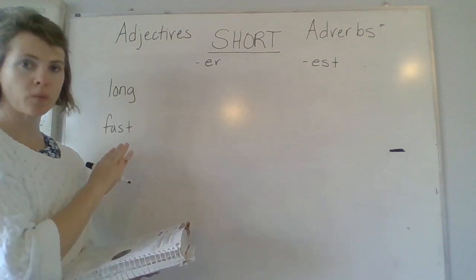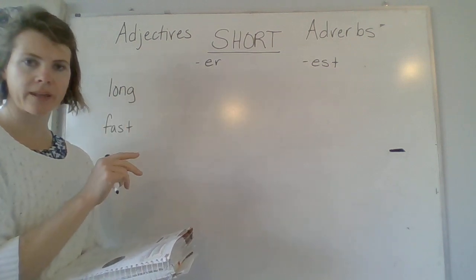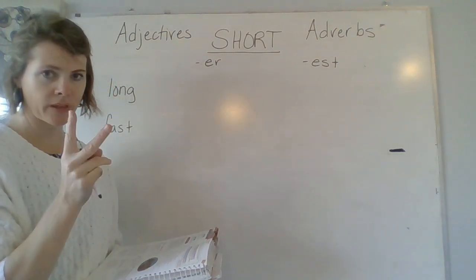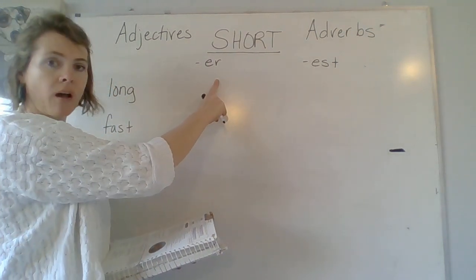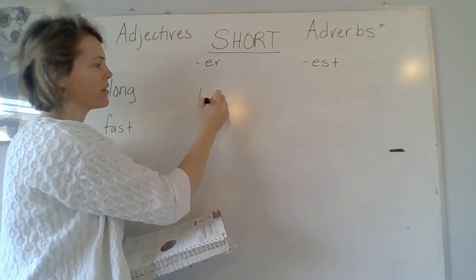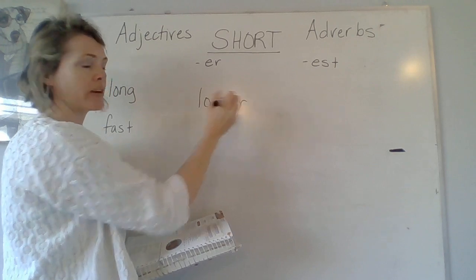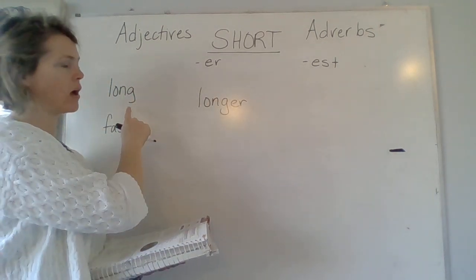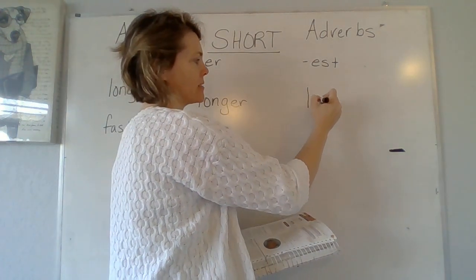When you have short words like that and you're comparing things, you use different suffixes. If you're just comparing two things, you would use the suffix ER. So long becomes longer when you're comparing two things. If you're comparing more than two things, then long becomes longest.